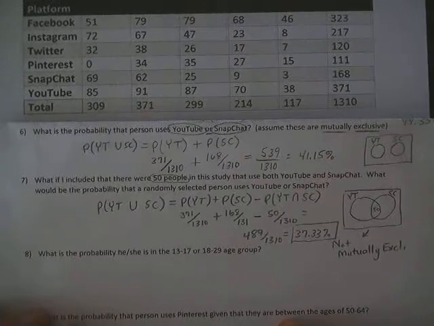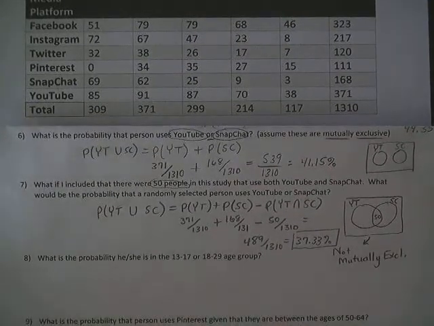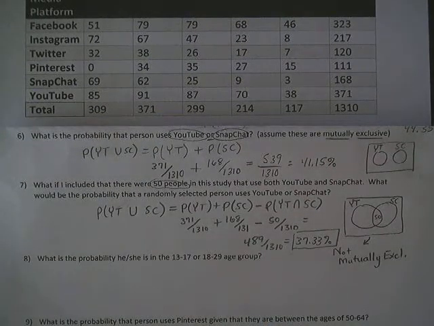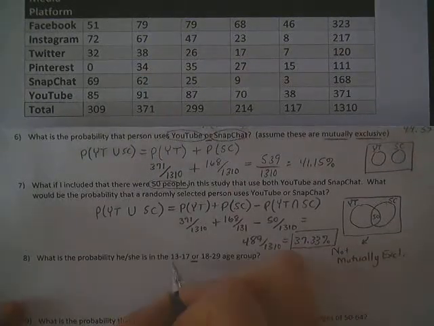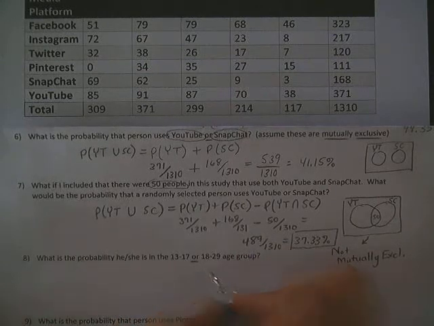Okay, so let's do number 8. It says, what is the probability that he or she is in the 13 to 17 or 18 to 29 age group? This is another or problem. So you're going to add the probability of each. And then if there are people that are in both, you subtract that.